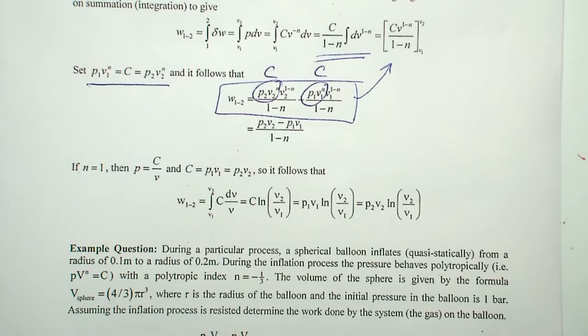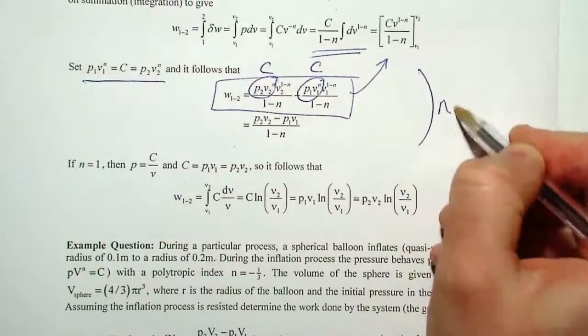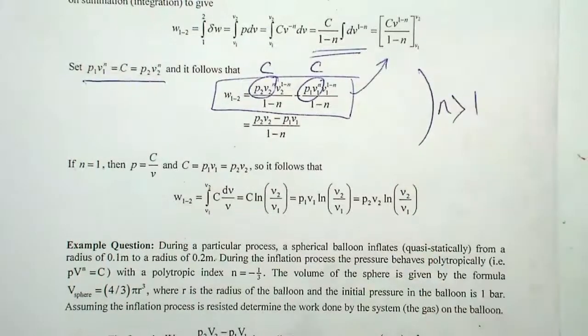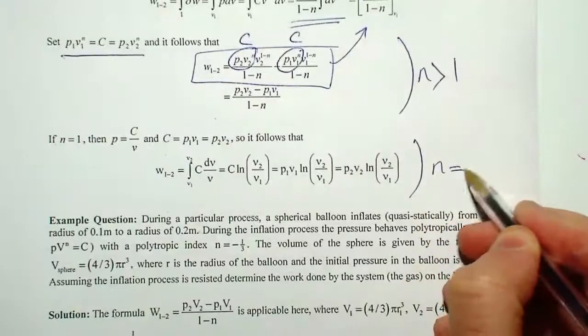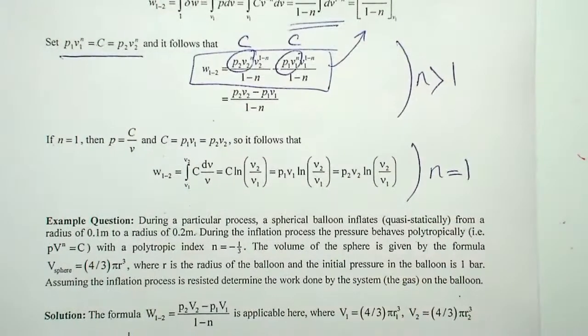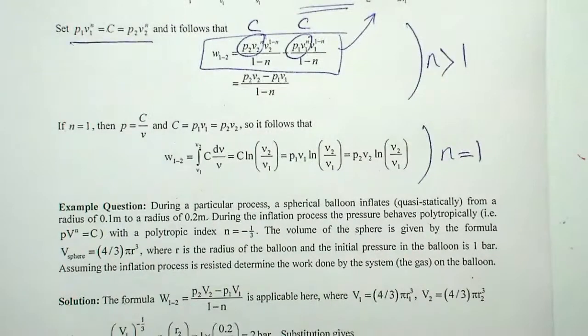Now, this is for the case when n is bigger than 1. When n is bigger than 1, it's slightly more difficult. I'm going to look at the case where n is in fact equal to 1, and see how my simple equation of w will be simplified for this specific case.